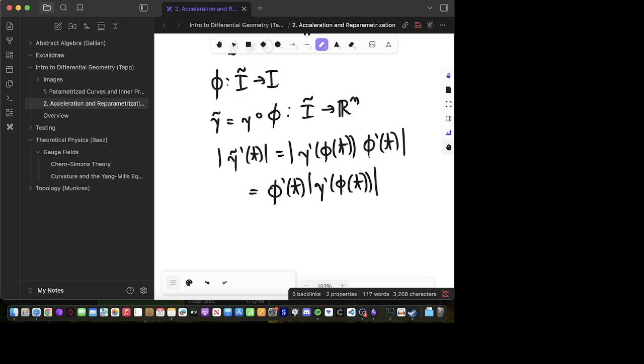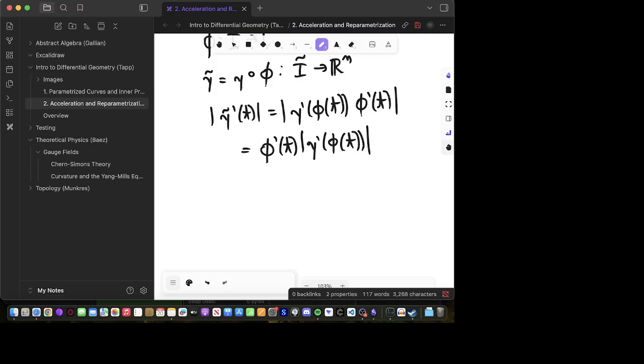But remember that S is the inverse of phi, since phi is the inverse of S. So this is equal to 1 over S prime of phi of t, but remember that S prime of t is equal to the absolute value of gamma prime of t.